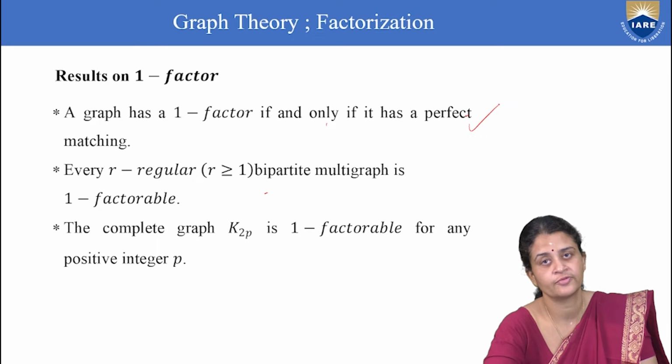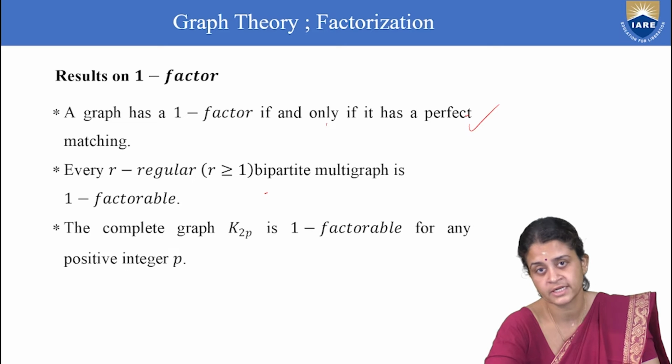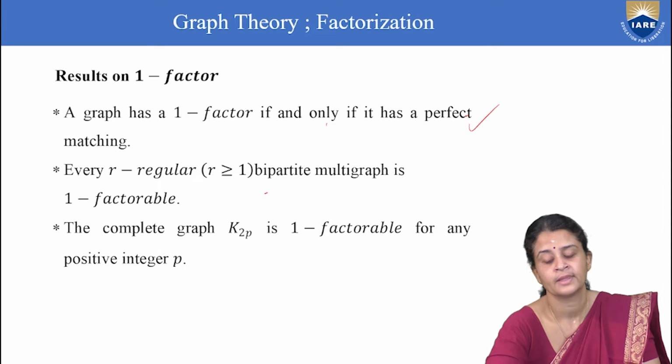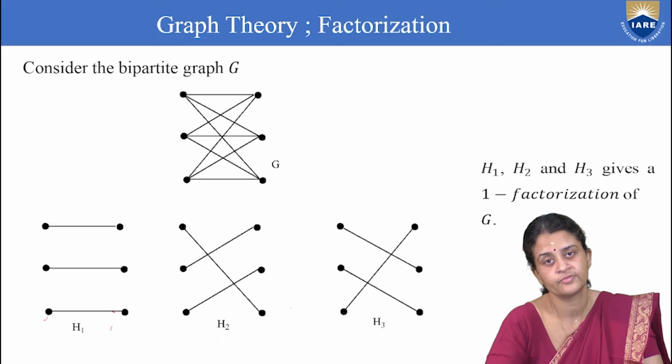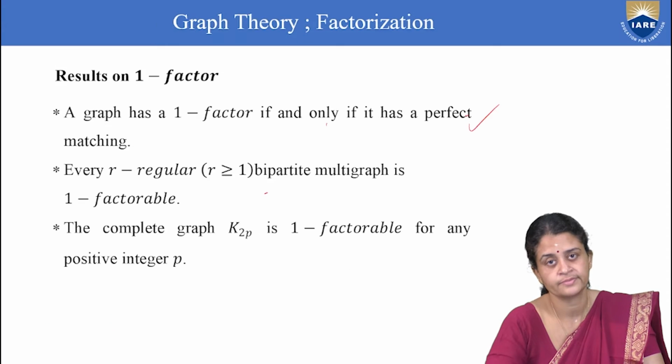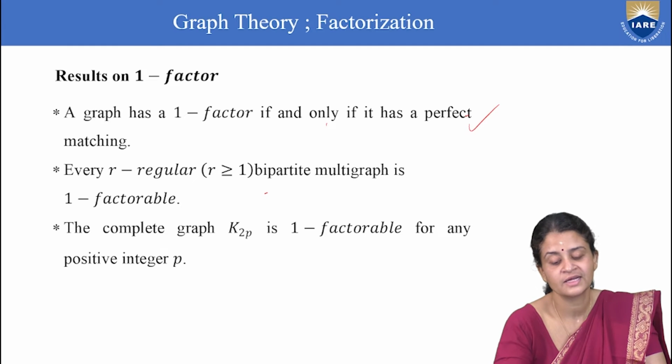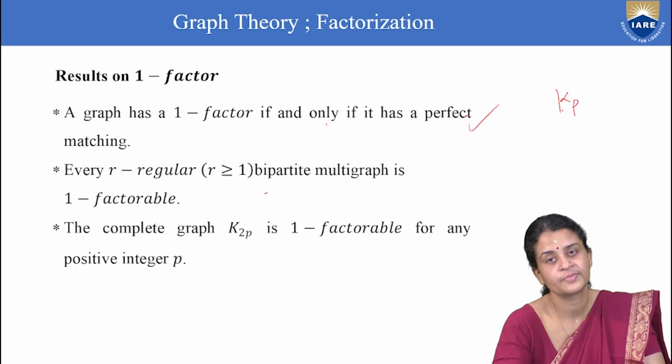Every r-regular bipartite graph, where r is greater than or equal to 1, is one-factorable. Here it's a 3-regular bipartite graph, so it is one-factorable. A complete graph K2p is one-factorable for any positive integer p. We were dealing with Kp.